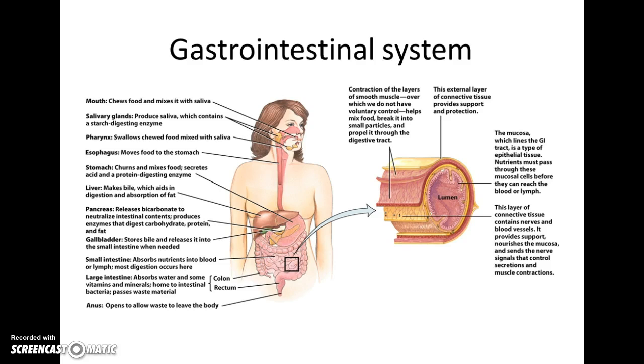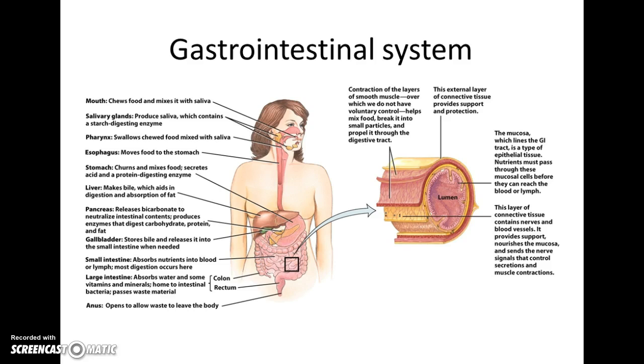So in our GI tract, we first have our mouth. Then we have our pharynx, where the food is swallowed, our esophagus, where food moves down to the stomach through a process called peristalsis. Our stomach, which churns and mixes food, has a highly acidic environment.